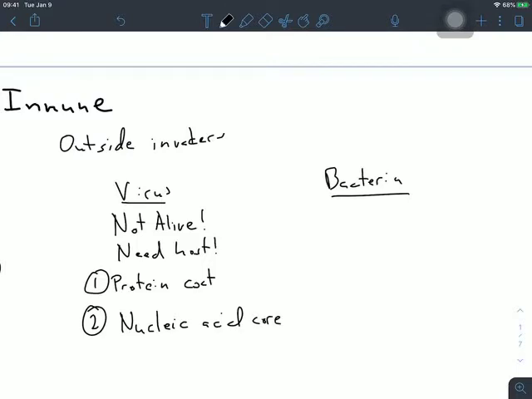And because of their protein outside, we're going to be using specific signatures on the protein coat in order to identify when they are an enemy.